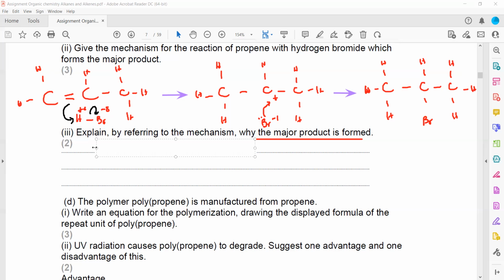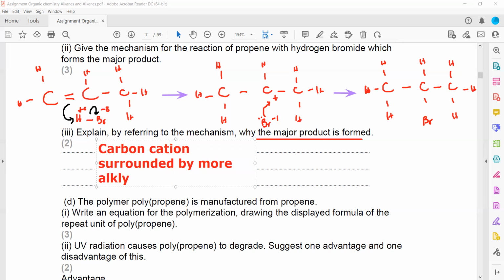So the carbon cation surrounded by more alkyl groups is more stable.